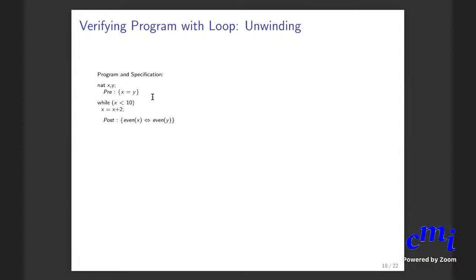Since it is incrementing by 2, if x is assigned some initial value from y and it starts with an even number, then so will be the value of x after it gets out of the loop. Suppose that's the property I'm interested in checking, which is true for this program.